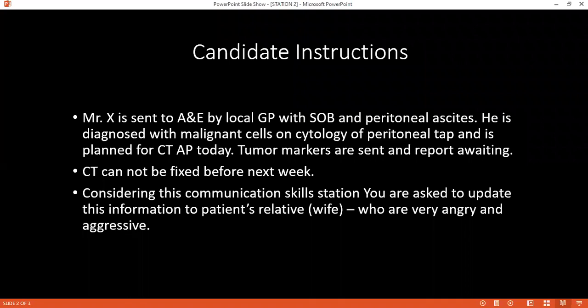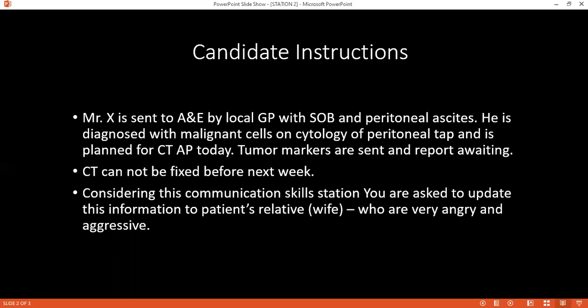So what, will he need an operation, doctor? As far as the presence of cells in the fluid is concerned, it suggests that the cancer is advanced. And for further treatment, we will need a discussion in the multidisciplinary team where different specialists are present.